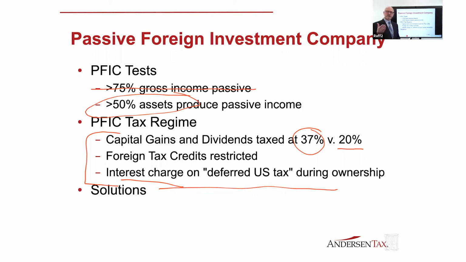What are the solutions? The good news is that despite the fact that the PFIC rules came about in 1986 with Ronald Reagan, most mutual funds in Canada only really got religion on the whole thing after like 2010.